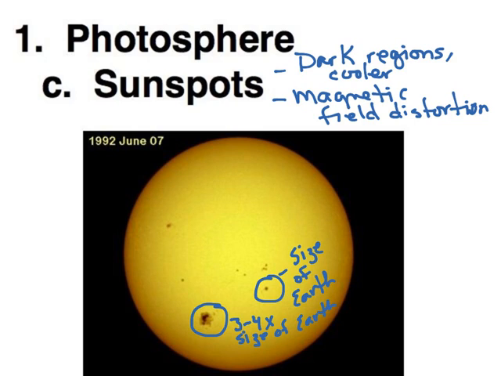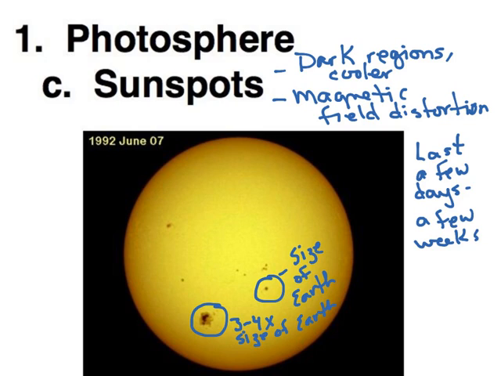And they are not permanent. Sunspots last anywhere from a few days to a few weeks. Depends on the size. The bigger ones last longer than the smaller ones. And our sun rotates.